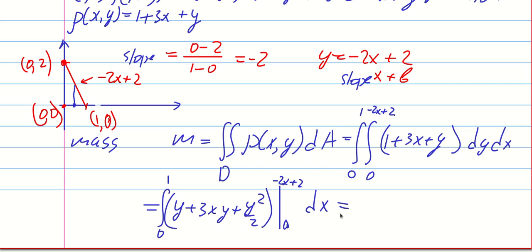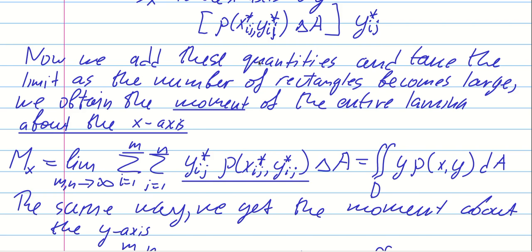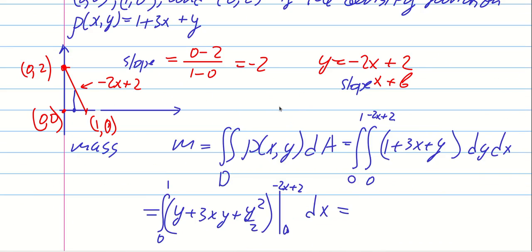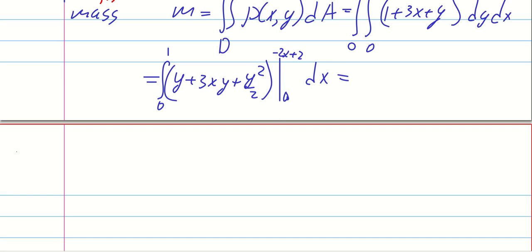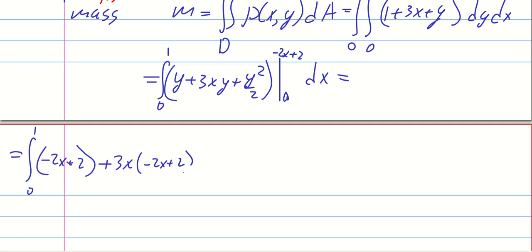Now we plug in the values. We get the integral from 0 to 1 of negative 2x plus 2, plus 3 times x times (negative 2x plus 2), plus (negative 2x plus 2) squared over 2.